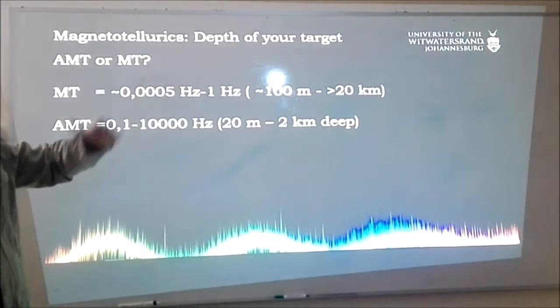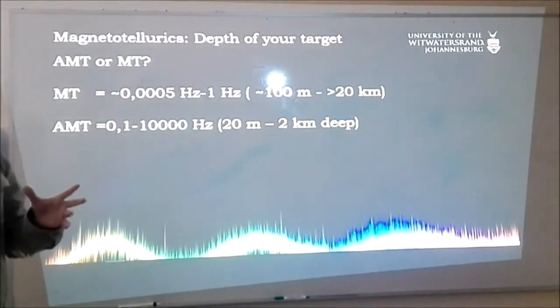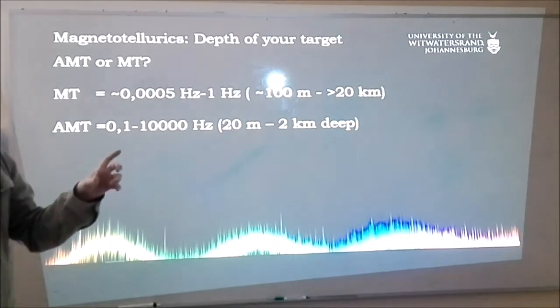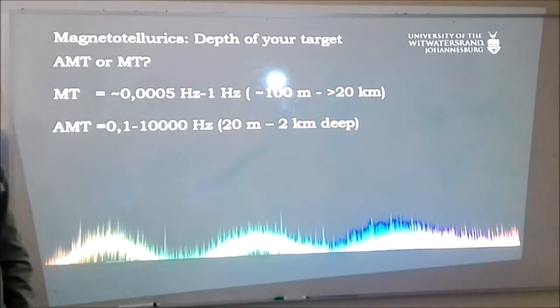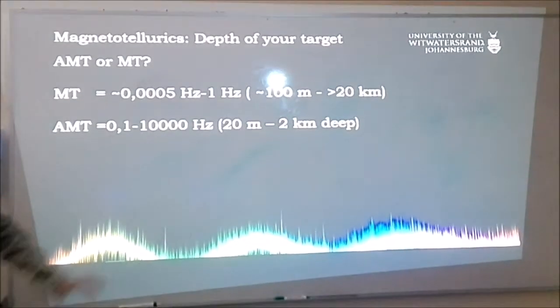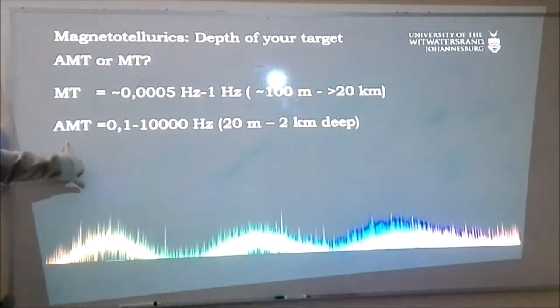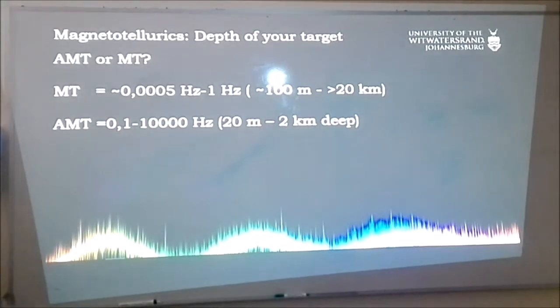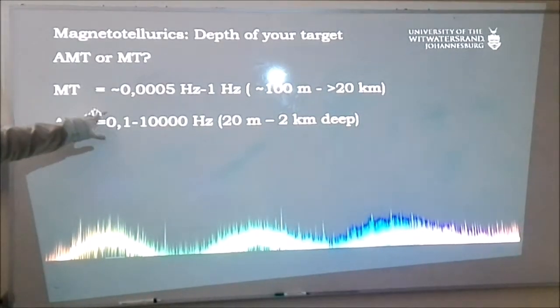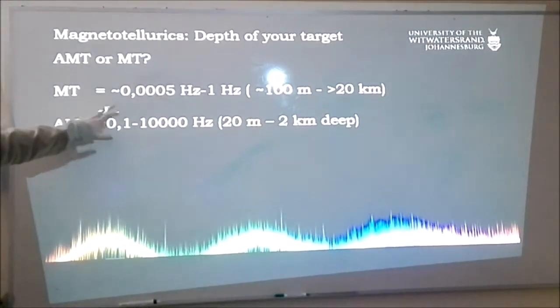From about 20 to 300 meters is pretty well constrained, and we use that for field school to compare with our other methods. Any questions on the two MT methods? This is pretty self-explanatory. If someone advertises they'll do an MT survey for something that's 20 meters deep, then you know they're talking nonsense.